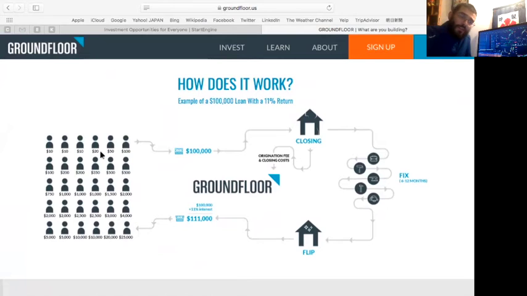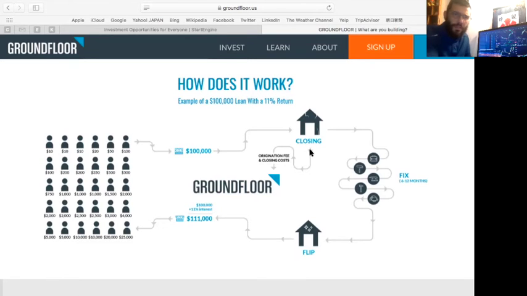So these lenders are not investors. I am an investor. I bought equity in Ground Floor, I think at $18 a share, $1,000 lot, right? And I will also join the platform as a lender. These people make contracted rates of return on the amounts of money that they lend to the projects that are offered on the platform.